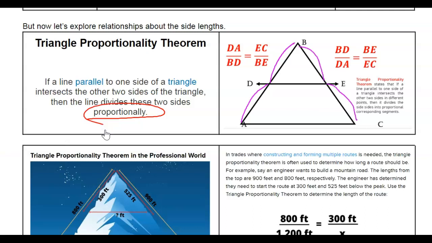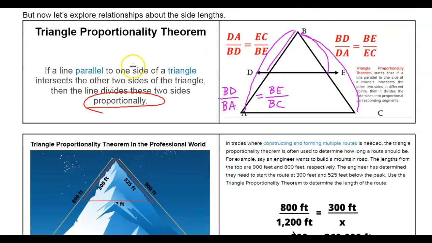Now, another one, and it's not mentioned here because there are lots of them, is I think of what if we did BD, the top, to the whole, BA. That's also going to be proportional to the right top, BE, divided by its whole, BC. And so there's lots of different relationships that you can use based on this idea, all right? And so all we need to know is that the line in the middle needs to be parallel.